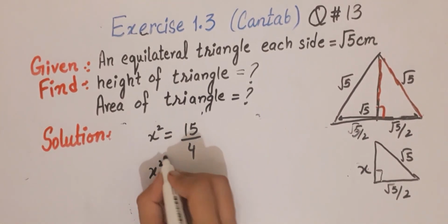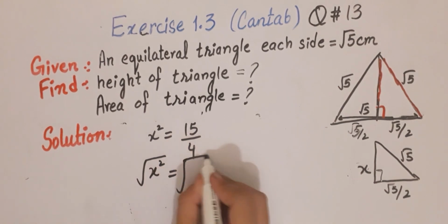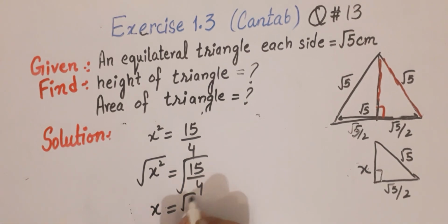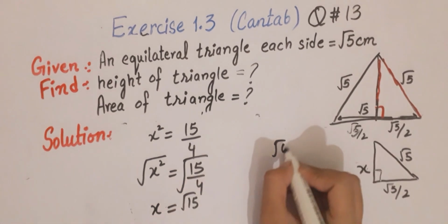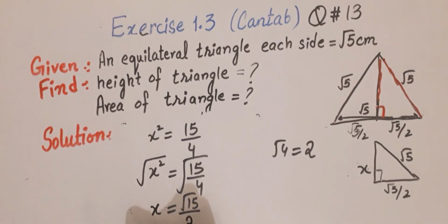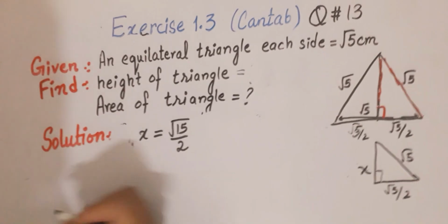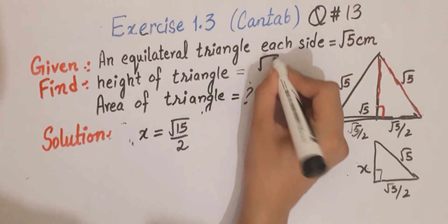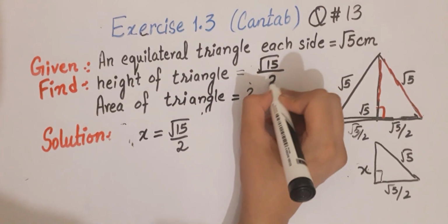So by taking square root on both sides, we have x is equal to square root of 15, and square root of 4 is equal to 2. So x is equal to square root of 15 by 2. Now height of triangle is square root of 15 by 2.